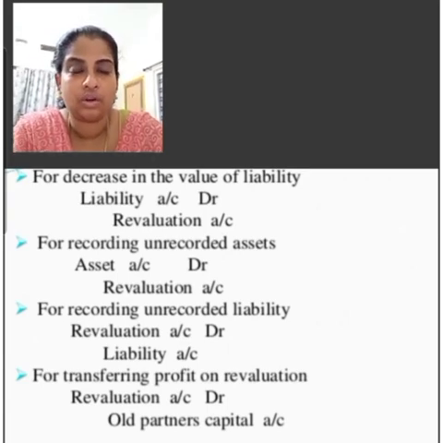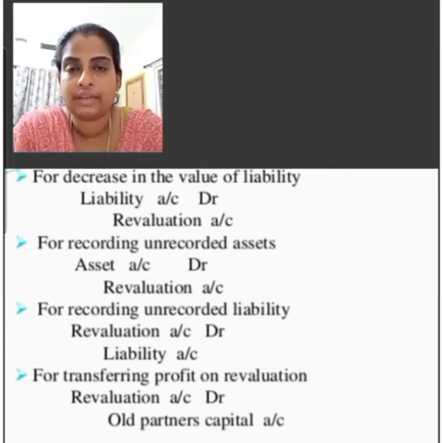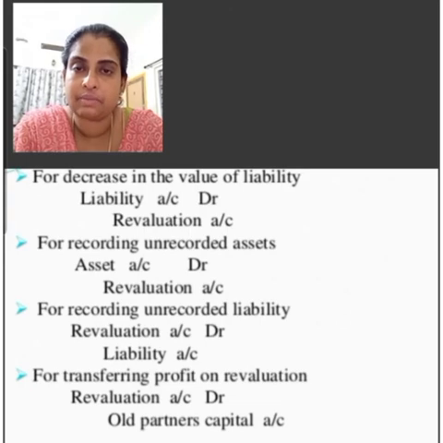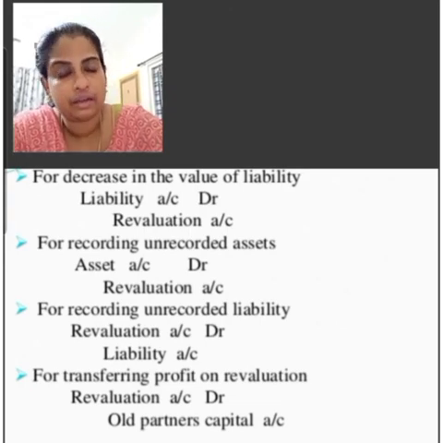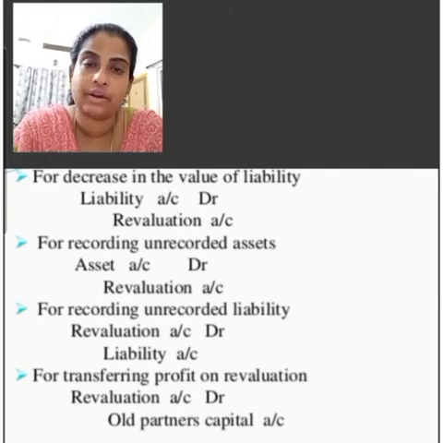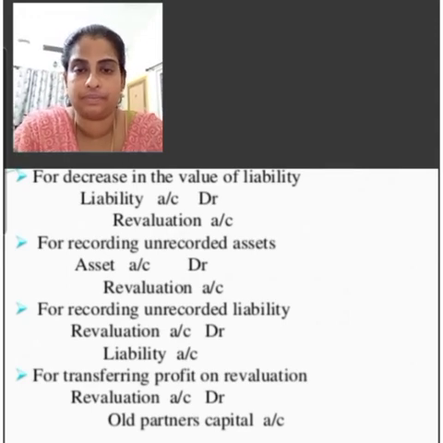After entering all the assets and liabilities, that is increase in asset or decrease in asset, increase in liability or decrease in liability, and recording unrecorded assets and unrecorded liability, the last step is finding out the profit on revaluation.